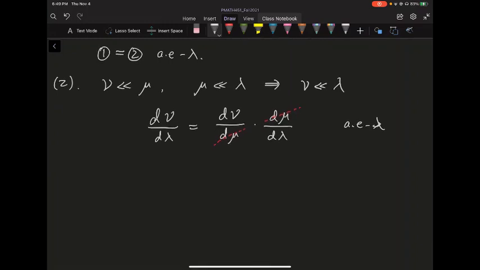All right, and thirdly, because I have this transitivity, I can think about when those measures are absolutely continuous with respect to each other.